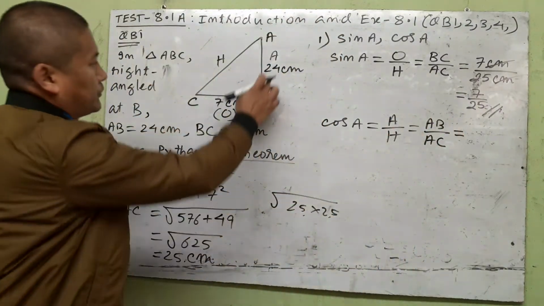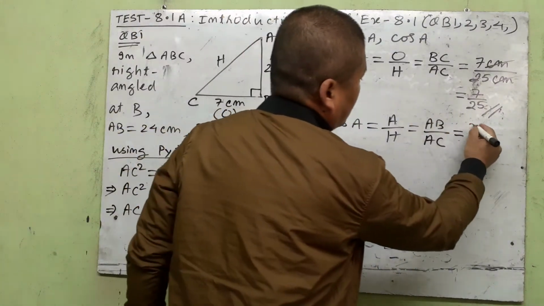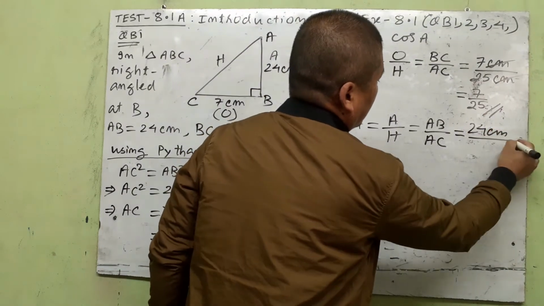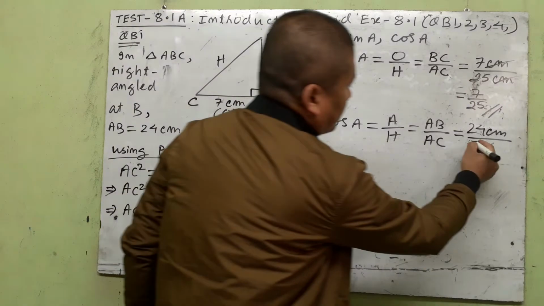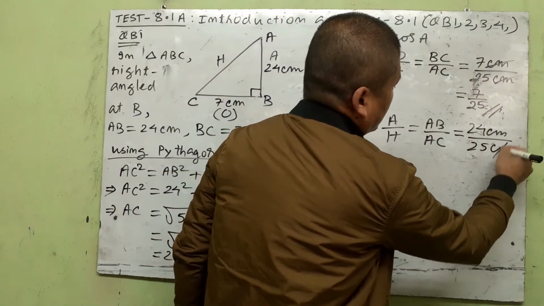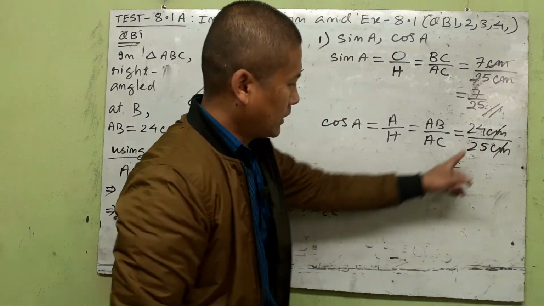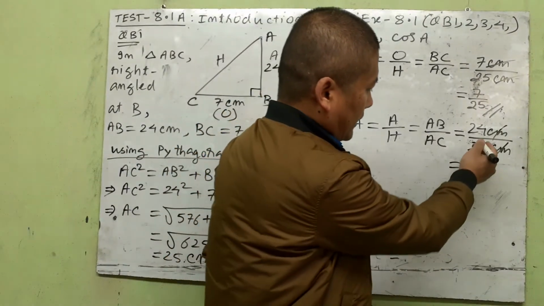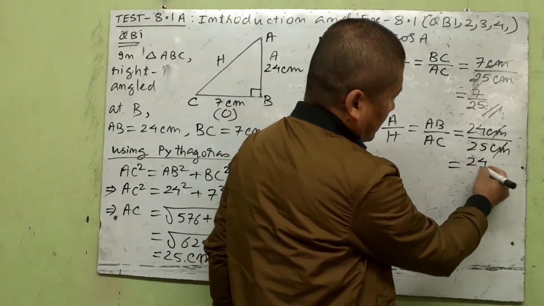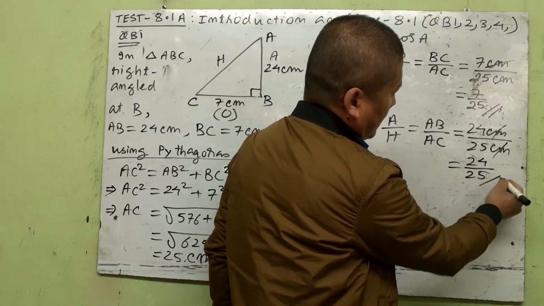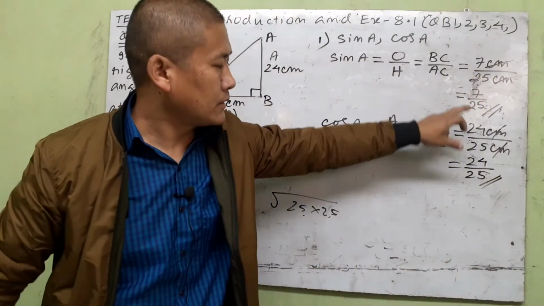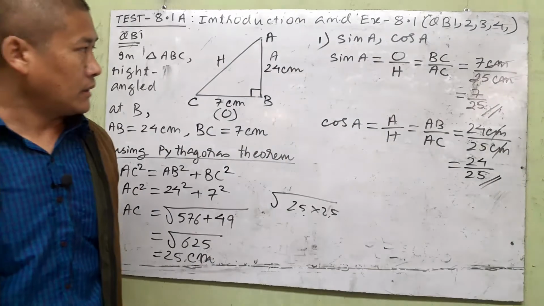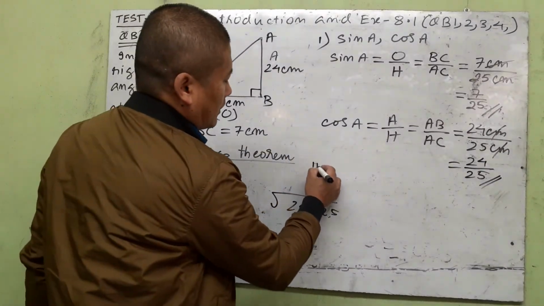AB is here, 24 centimeter, by AC is here, as you can see, 25 centimeter. So these two cancel, and we cannot cancel 24 and 25. If we can cancel, we must cancel, okay, before we write the answer. 24 by 25 is the second answer. First answer, second answer.